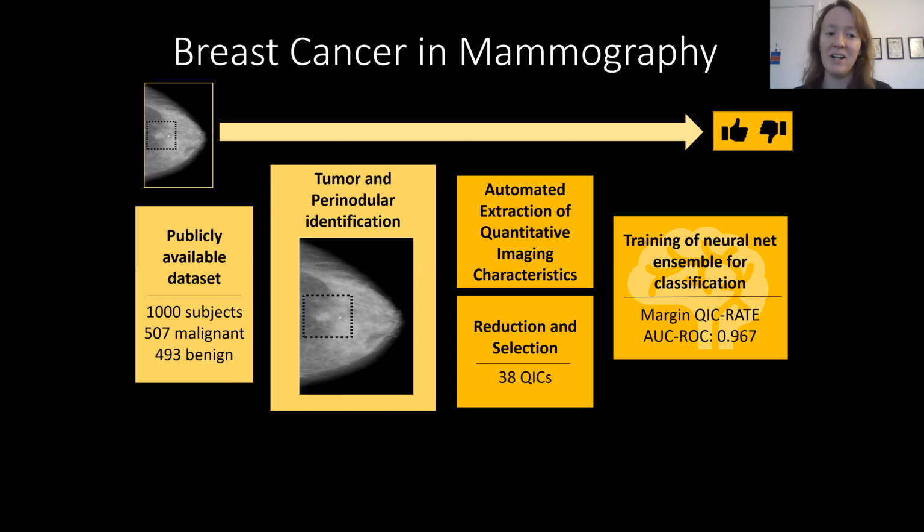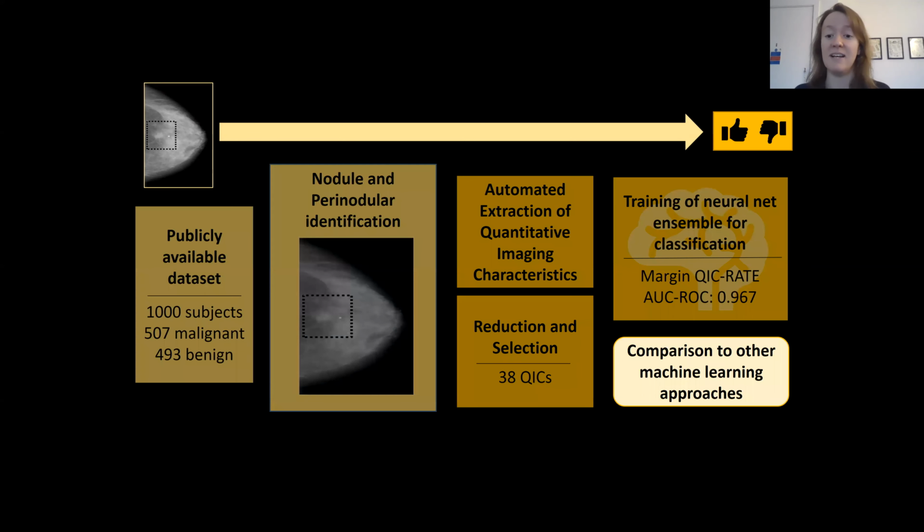And this led us to believe that this pipeline is more robust to just changing the disease state and the disease, the imaging modality. And so what we're able to do then, because we're using a publicly available data set, is compare it to other machine learning approaches.